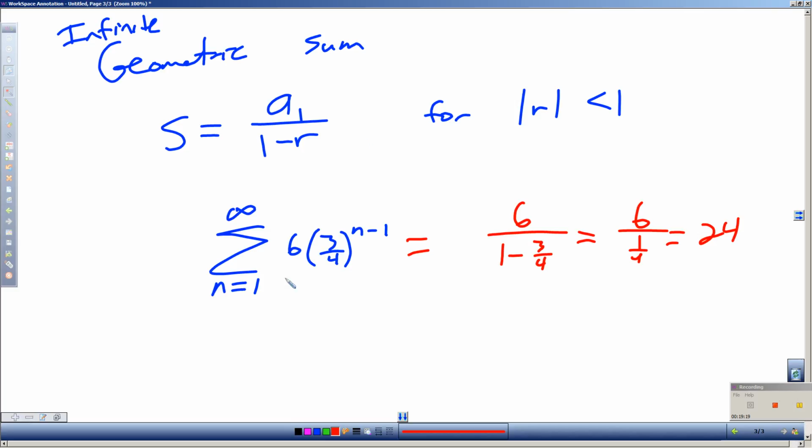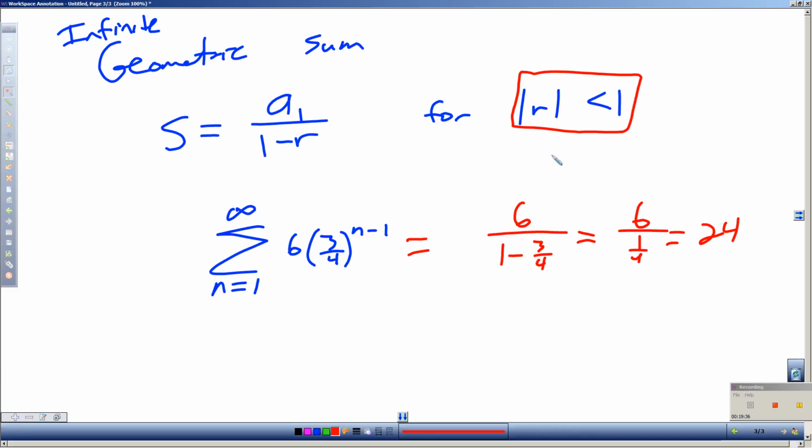If we added this up, we would eventually get 24, not infinity. So this is only when the absolute value of r is less than 1. If it is greater, then it's infinity. This infinite sum doesn't come to a set point.